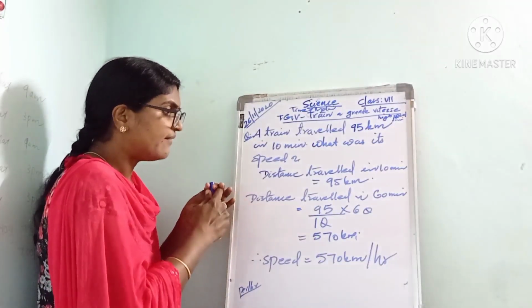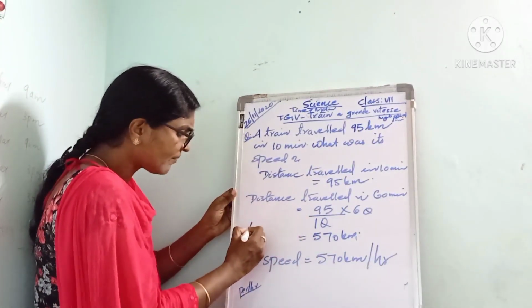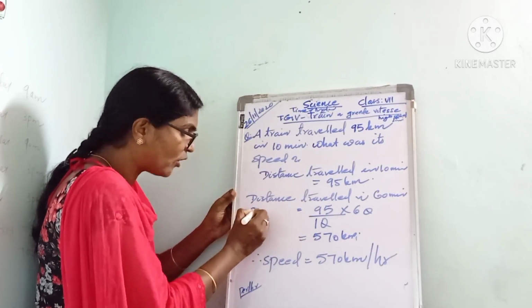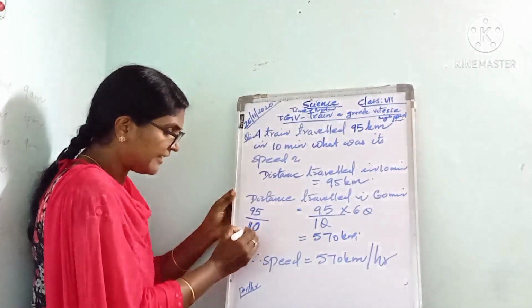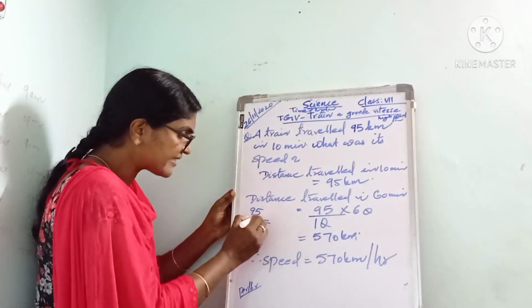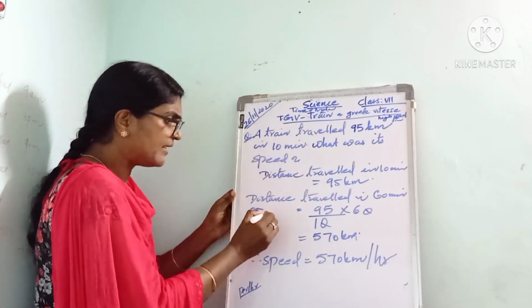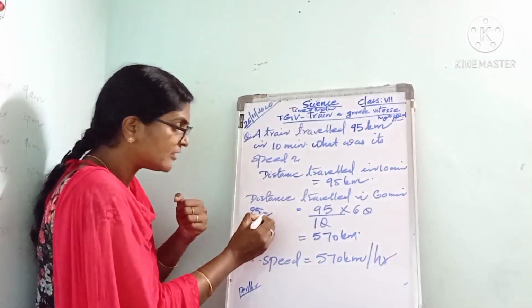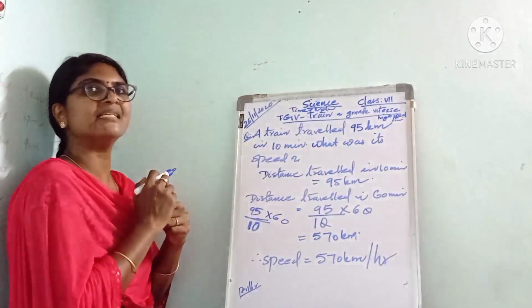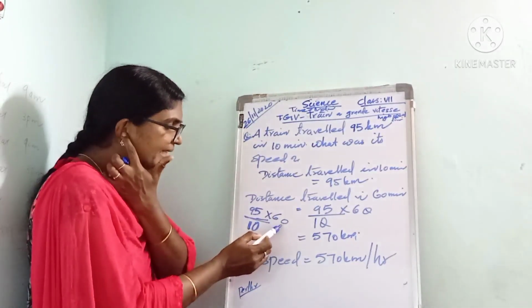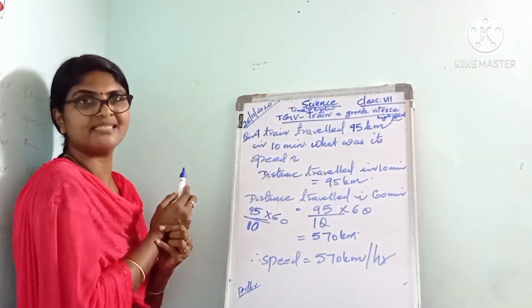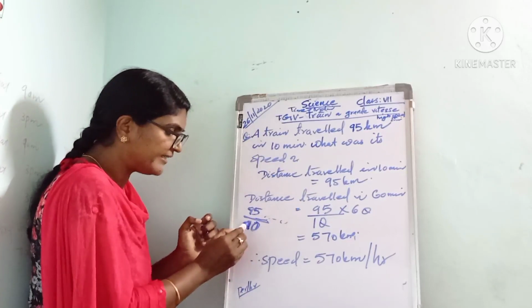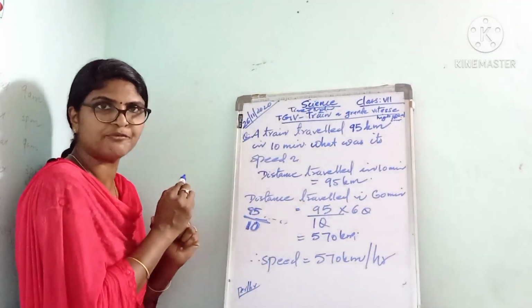Here we are using this relation. In 10 minutes, the train traveled a distance of 95 kilometer.